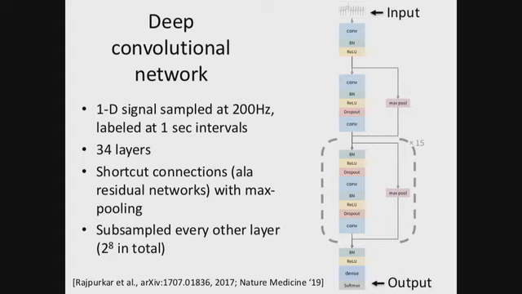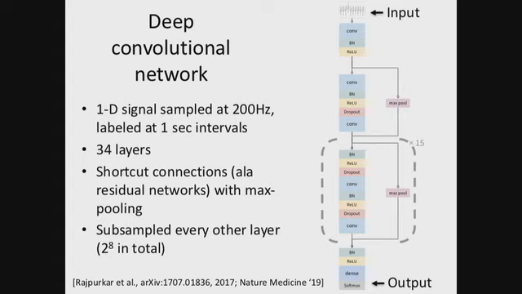Each layer consists of convolution, followed by rectified linear units, and there is subsampling at every other layer, so that you go from a very wide signal, a very long signal, I can't remember how long, summarized down into a much smaller number of dimensions, which you then have a fully connected layer at the bottom to do your predictions.